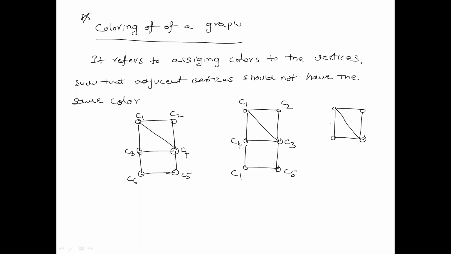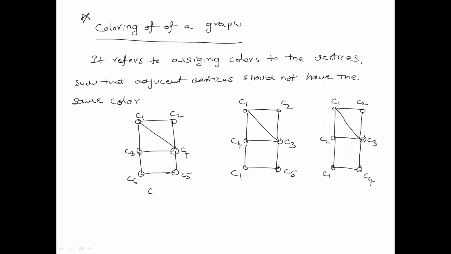Okay, let us try whether it is possible with 4 colors. So color 1 to this, color 2 to this, color 3. Then color 2 can be given here. Okay. Then color 1 can be given here and color 4 can be given here. So even with 4 colors it works.